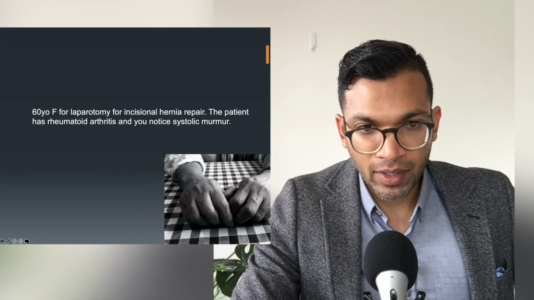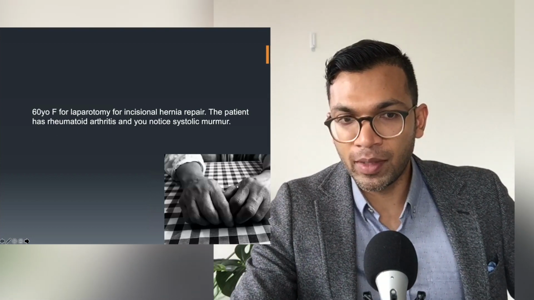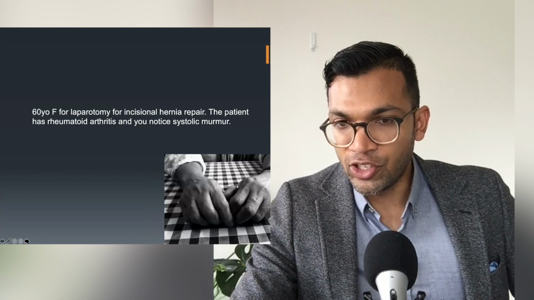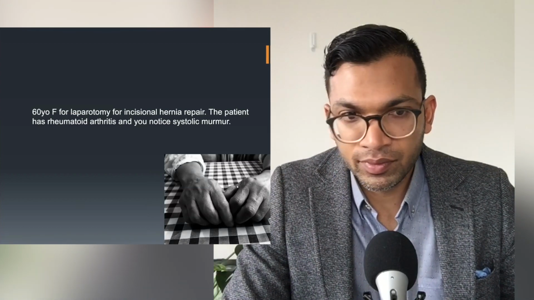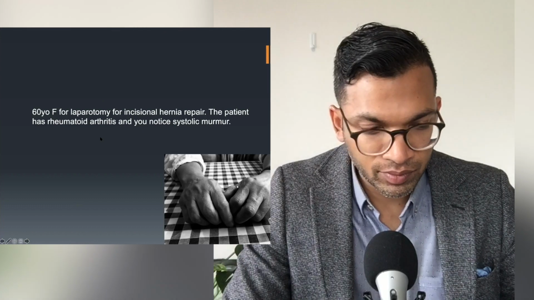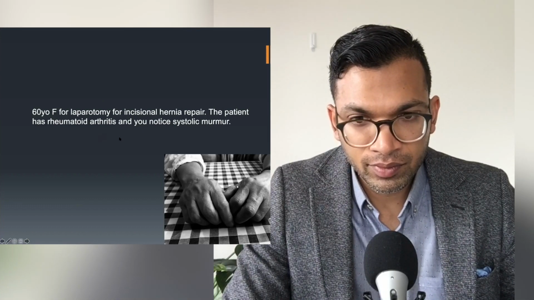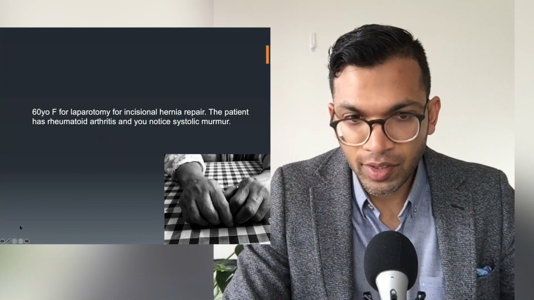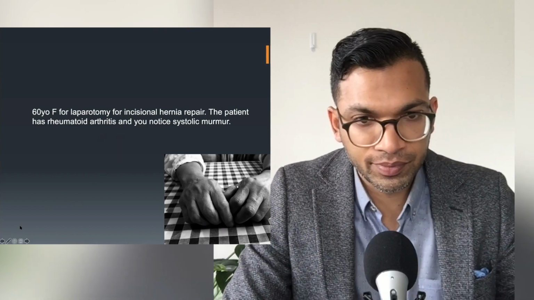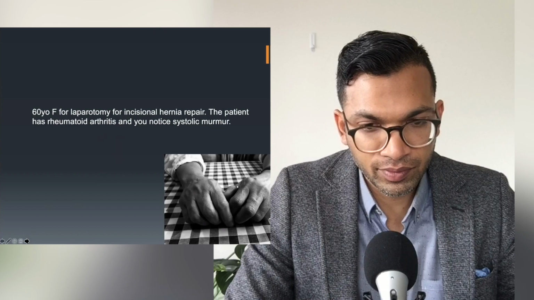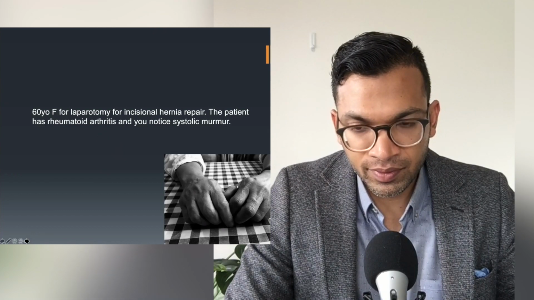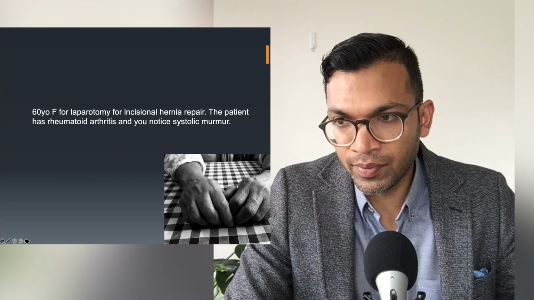So, 60-year-old female, laparotomy for incisional hernia repair. The patient has rheumatoid arthritis, and you notice a systolic murmur. I think this is a 60-year-old lady going in for quite a large operation, which I don't anticipate is emergent given the stem. Yep, no. Given she's got a systolic murmur, I think it would be worth getting an echo and delaying the surgery to further assess her cardiovascular risk.